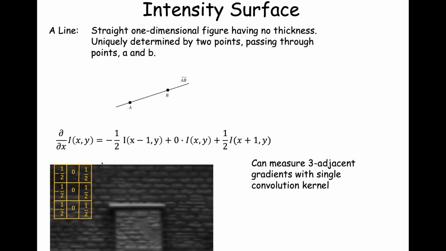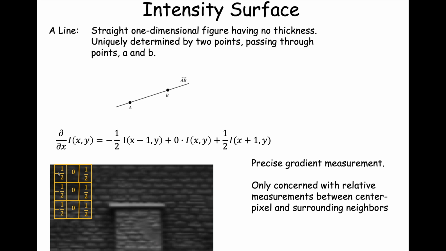Okay, so we can actually measure 3 adjacent gradients with a single convolution kernel by taking these individual 3 vectors for a convolution kernel and replicating it associated with x, y positions that are adjacent. And so this center point x, y is adjacent to this other center point x, y is adjacent to this center point. If we were to think about what these coordinates are in image coordinates, I'll use red here.